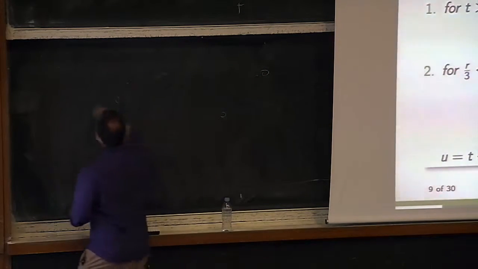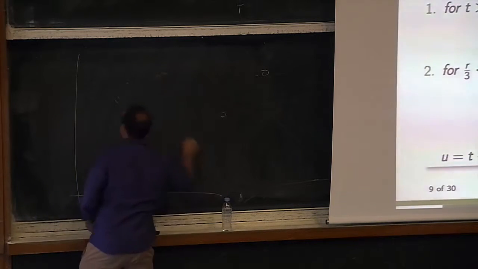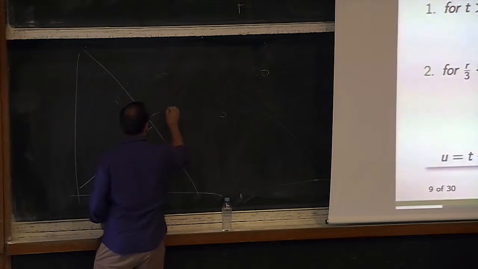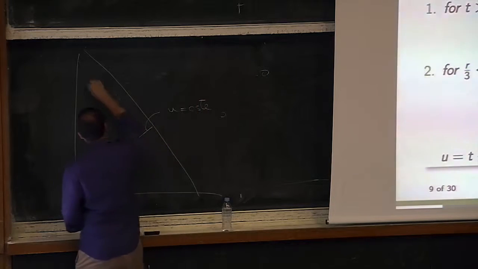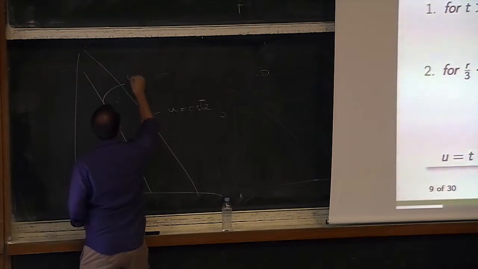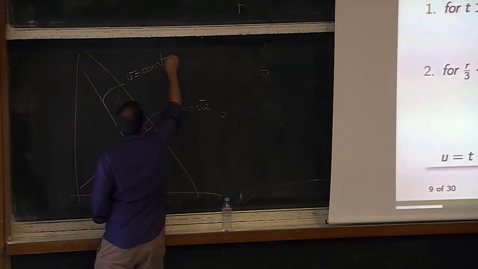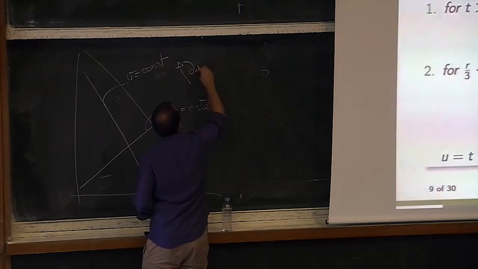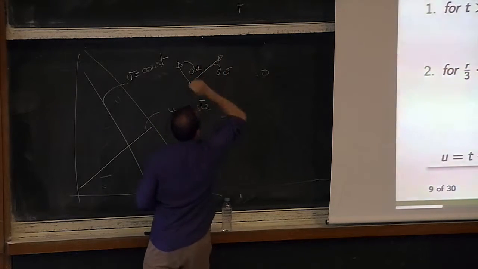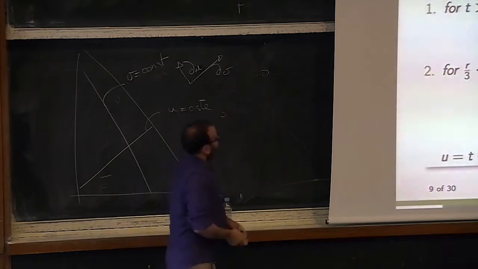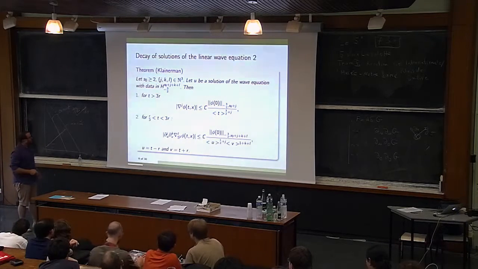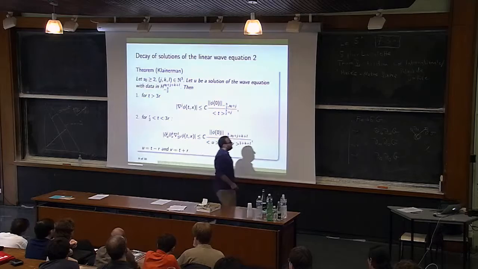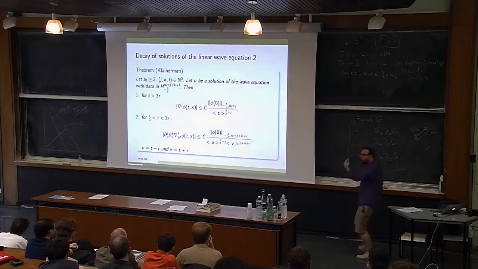So you have your u equal constant. You have your v equal constant. And you have your du and your dv. Okay? So the more derivatives I'm taking in the direction v, so outgoing direction, the more decay I'm getting. The more derivatives in the direction u, the less decay in the direction u equal constant I'm getting.